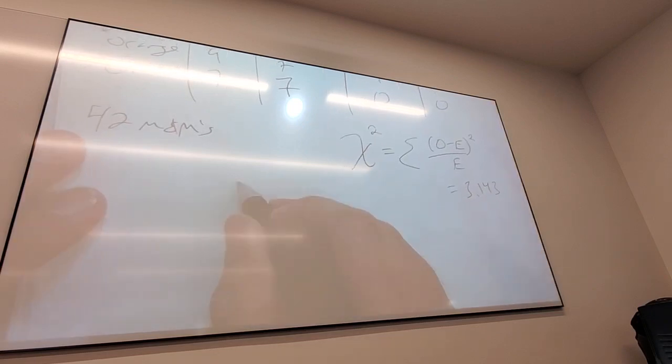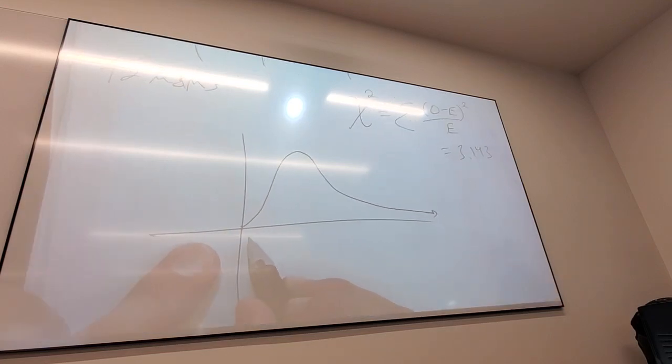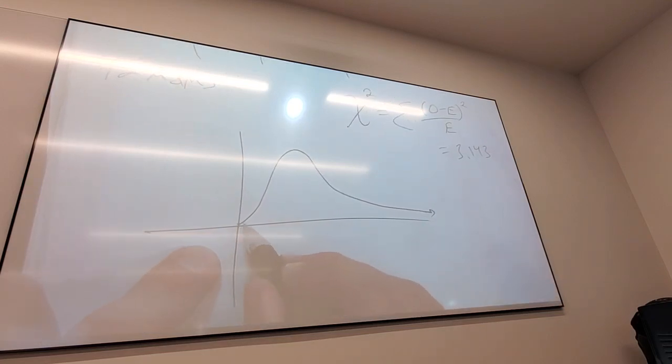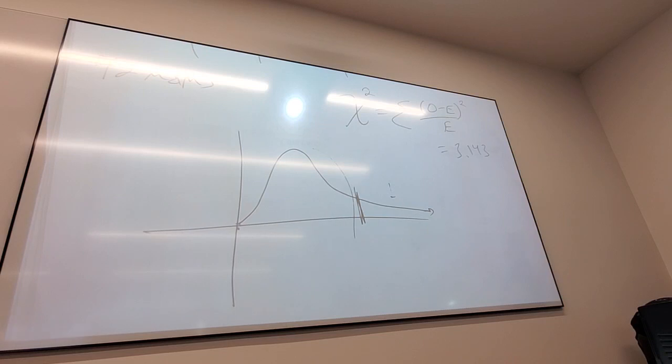So in the chi-square shape, there's 0. Anything close to this is where I would expect it to be if the difference really is 0. So to show evidence that it's different, that it isn't what I expect, I've got to be out here. Which means I have to find a chi-square for my rejection region.